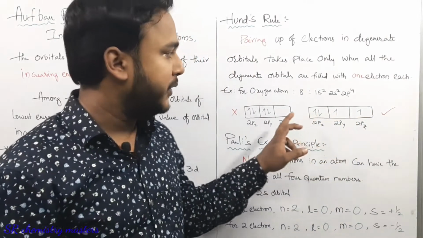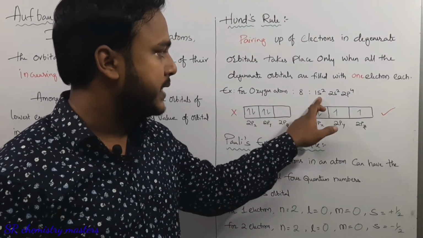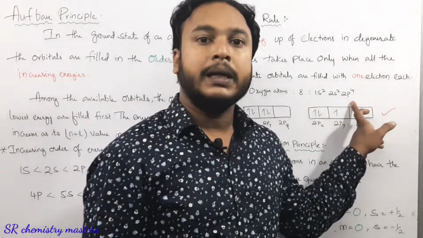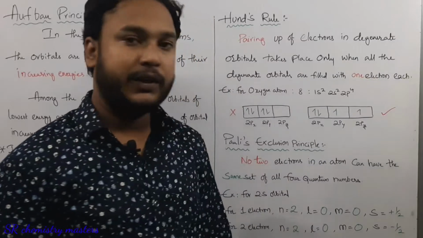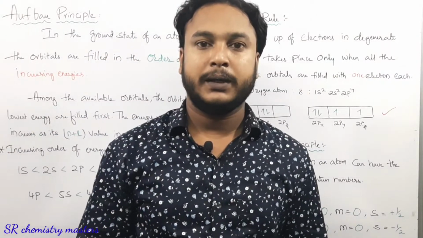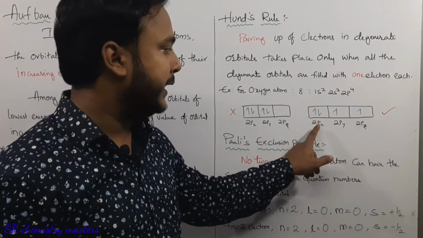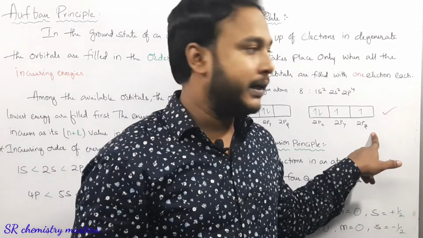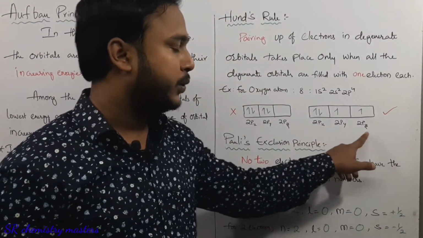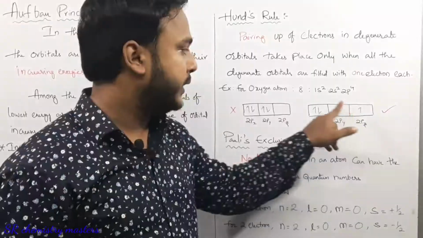If you see the example of the oxygen atom, it has atomic number 8 and electronic configuration 1s2, 2s2, 2p4. In the p orbital of the oxygen atom, you have 4 electrons. If you are distributing the electrons among the p orbitals, you should distribute 1 electron each in 2px, 2py and 2pz. After giving 1 electron to 2px, 2py and 2pz, you give the last remaining electron to 2px.